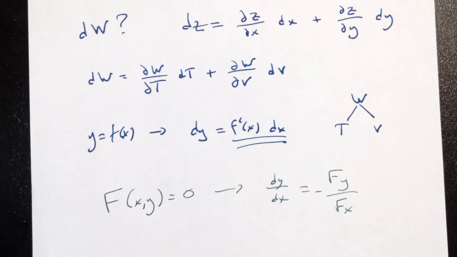And as long as the bottom here isn't zero, I can't divide by zero. I suppose that would be really weird. If you had a function of x and y that only depended on y, then your original equation would have no x's in it. That would be strange. More questions?